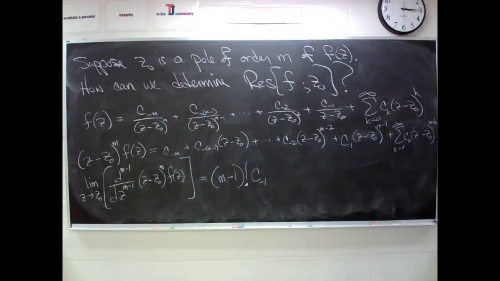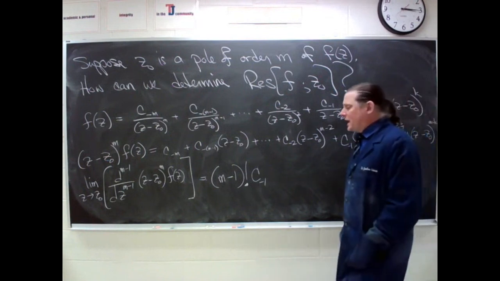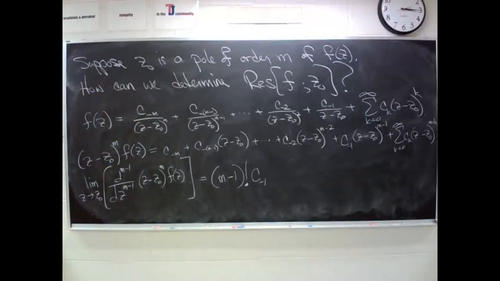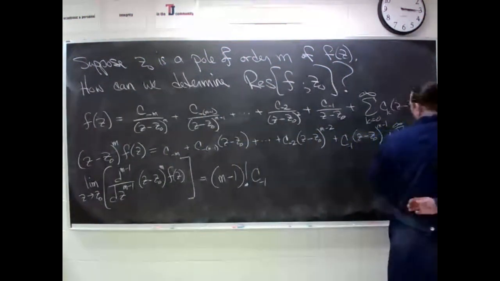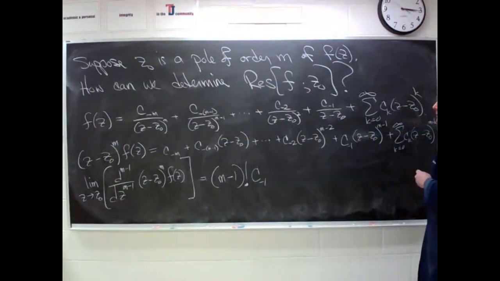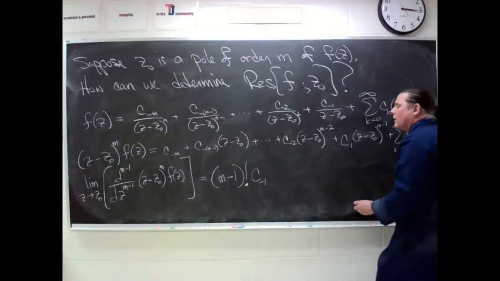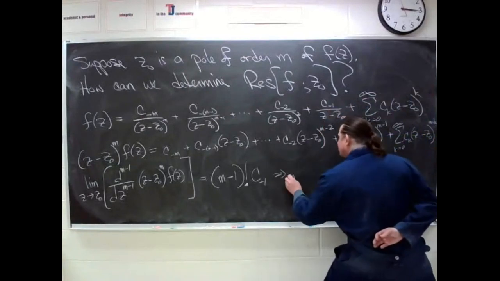But that means that I have at least one factor of z minus z naught left after taking the derivatives. So as z approaches z naught, all of those terms in the infinite series will go to 0. This gives us a formula for the residue.